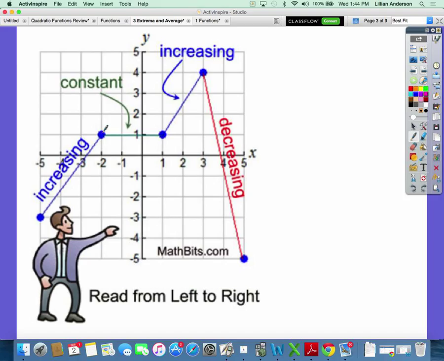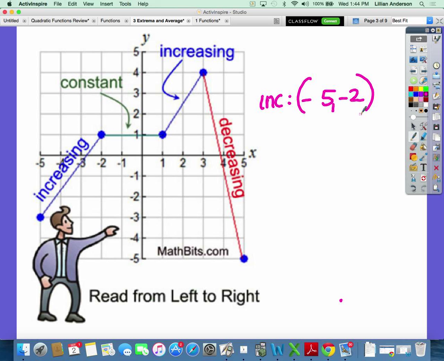And that interval is from what to what? -5 to -2. Not -3 to 1, but -5 to -2.